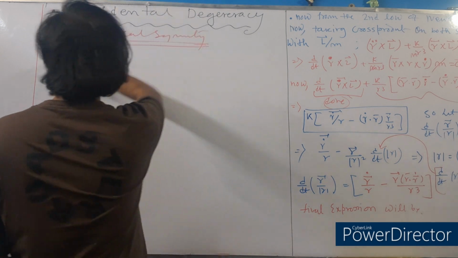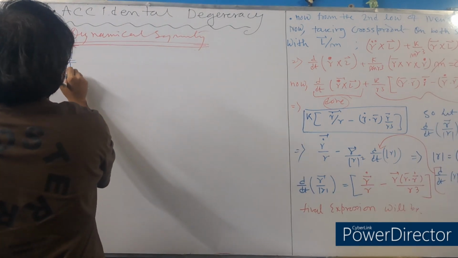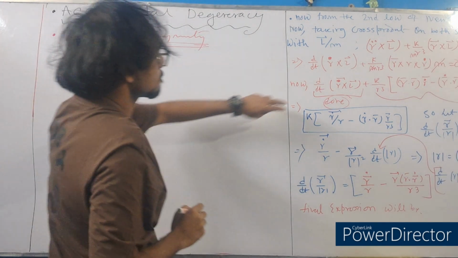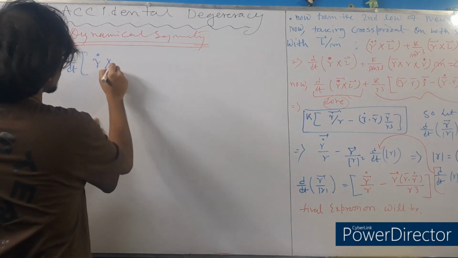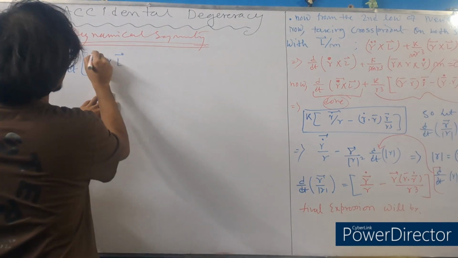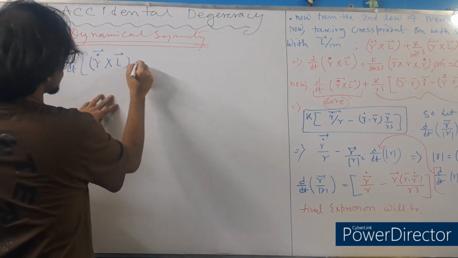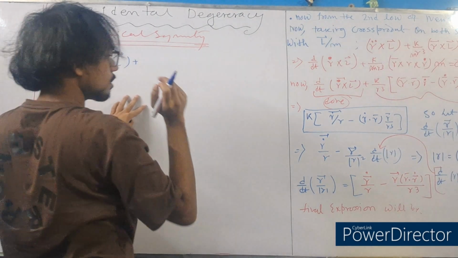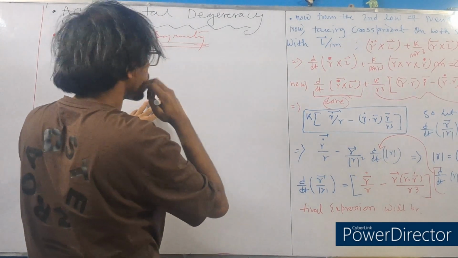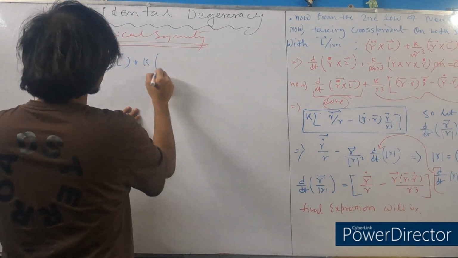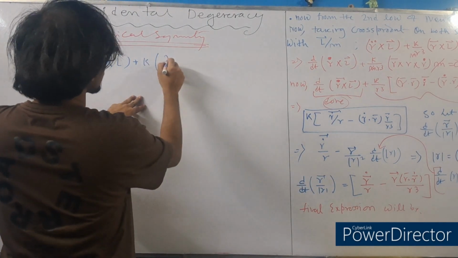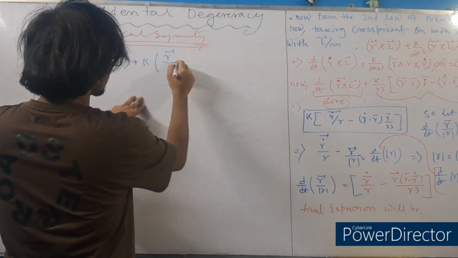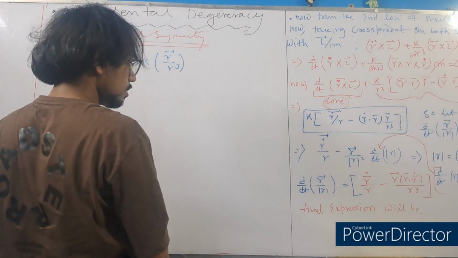So here I will write d/dt of this thing, r dot cross L plus I have a k here, then the whole thing, so r by mod r.